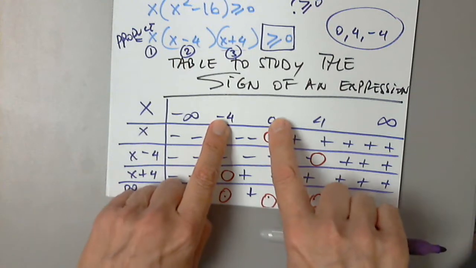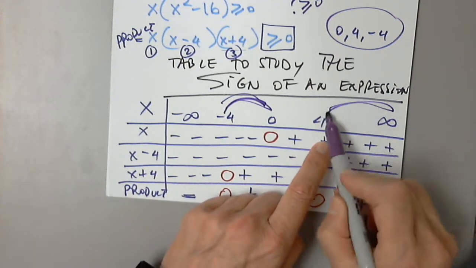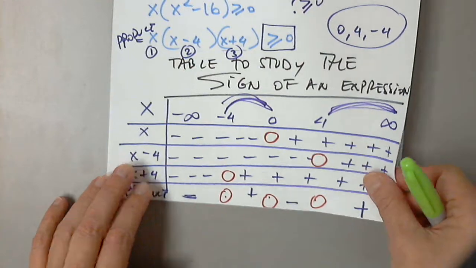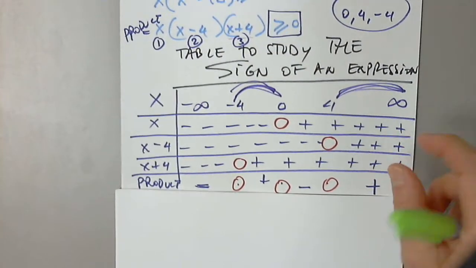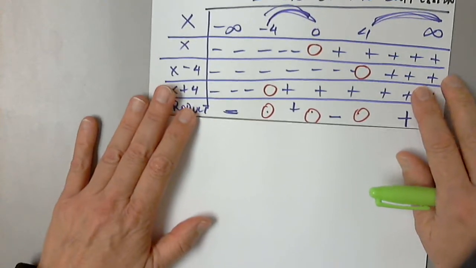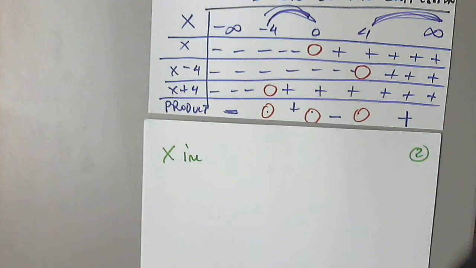For which x values? And that will be the solution. Let's write it. Since the equal symbol is here in the inequality symbol, what will you say? X in the interval. I'm ready for you to give me the answer.